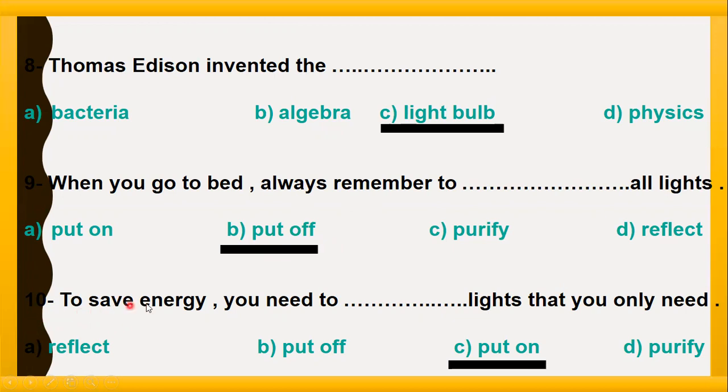Number 10, to save energy, you need to put on only the lights that you need. Don't put on all the lights, just the lights that you need.